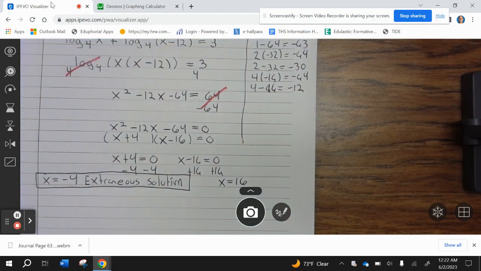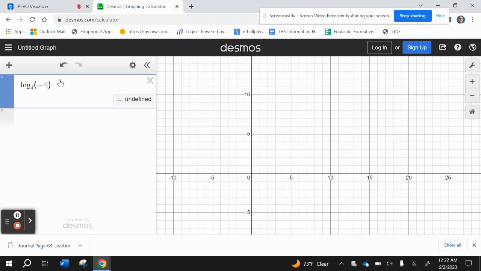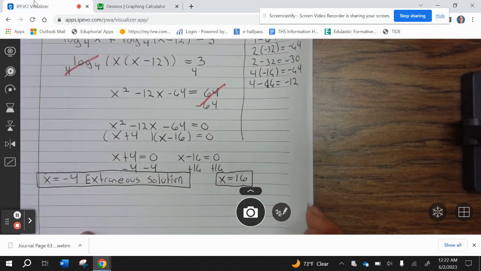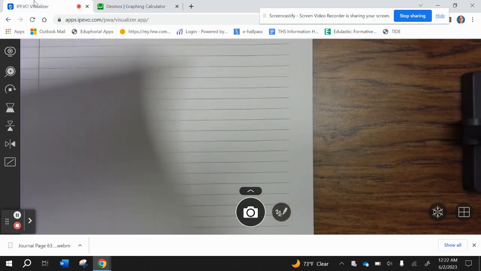Okay, x equals 16, so let's plug that in. And then plus log equals 3, so that is the solution. All right, go ahead and finish up example 3.